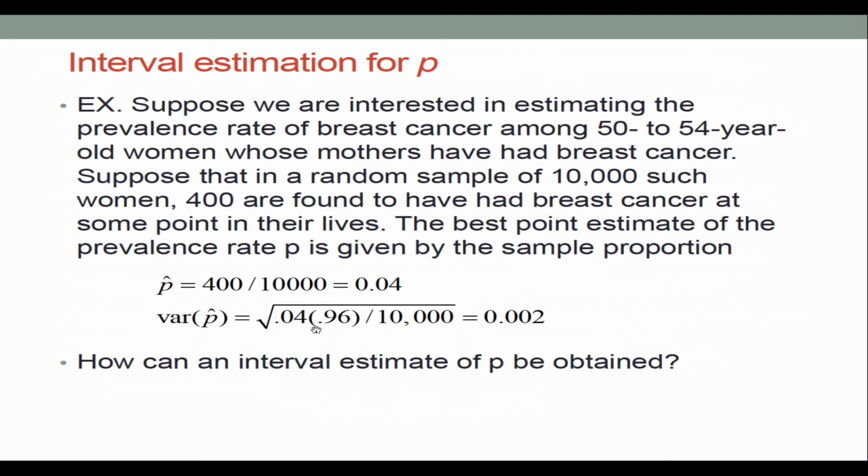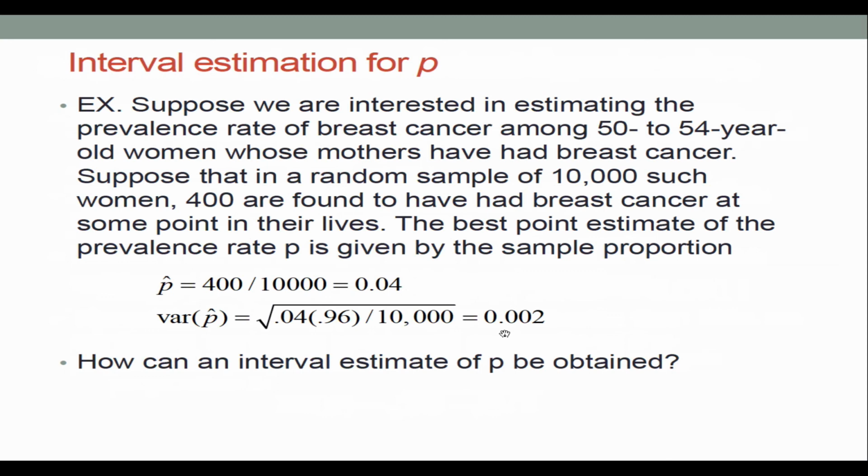And then we're using this formula. This is P hat multiplied by 1 minus P hat divided by the sample size. Take the square root. I'm sorry, there is a typo here. Here should be SE, the standard error for P hat, instead of variance, because I took the square root of it. So we got the standard error for the sample proportion.